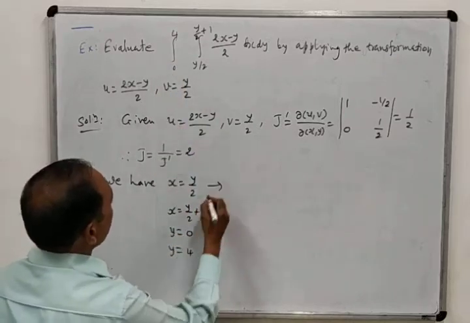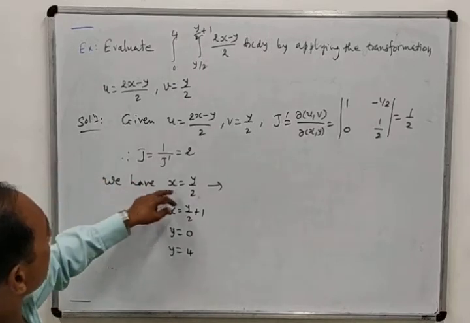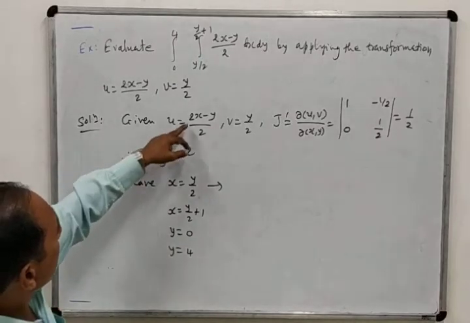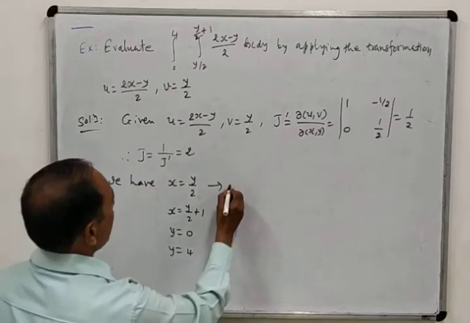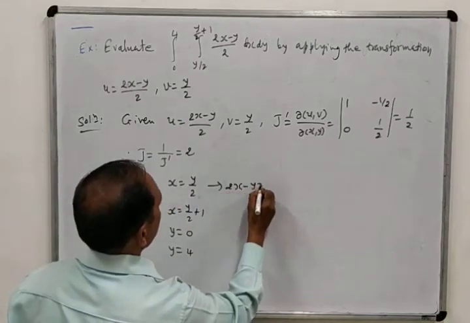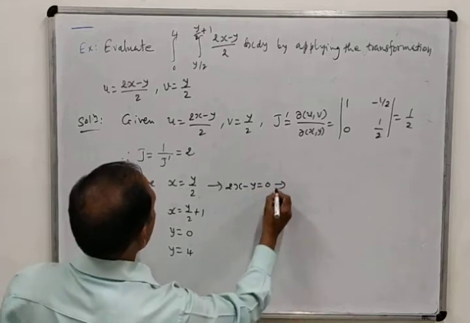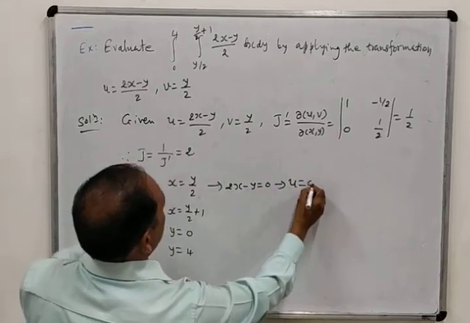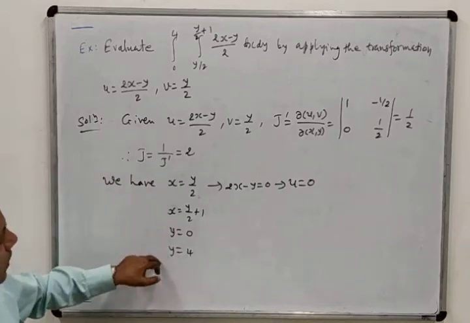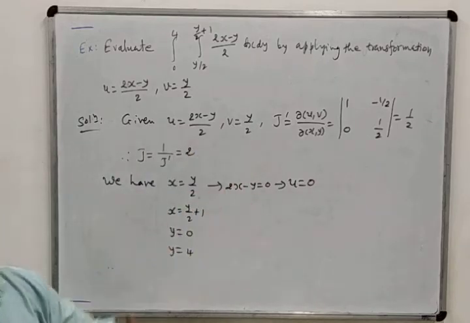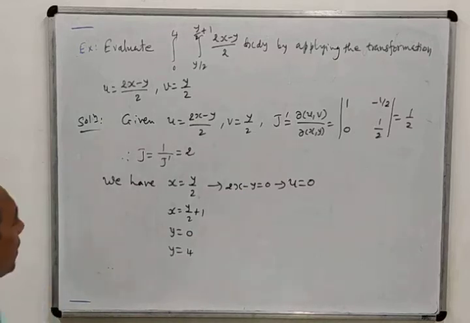So when x equal to y by 2, then we will convert this in terms of u and v. So here u is 2x minus y, so it can be written as 2x minus y equal to 0. Okay. So that means u equal to 0 we can get. Actually we need to convert all the equations in terms of u and v. This is converted in terms of u, either in terms of u, in terms of v, or in combination of u and v.